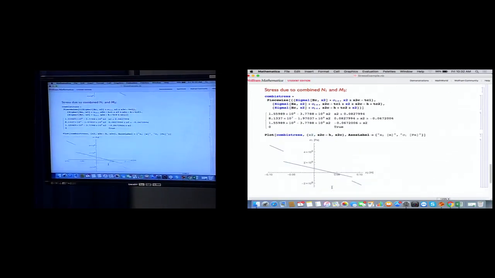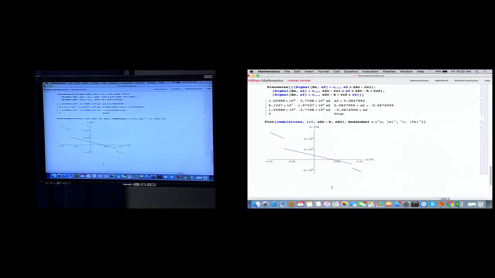And then if you add them together, this is the total stress induced by this problem. Yes? For the N1 over S, is it S for the whole section? Yes. Calculated at the centroid. Okay.